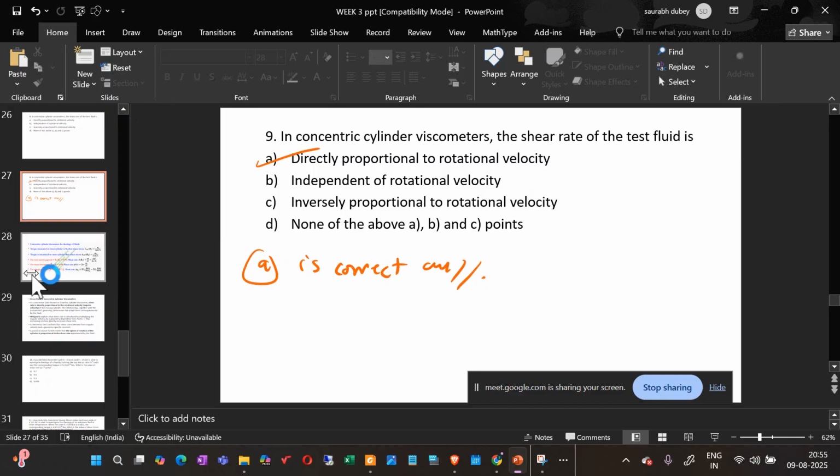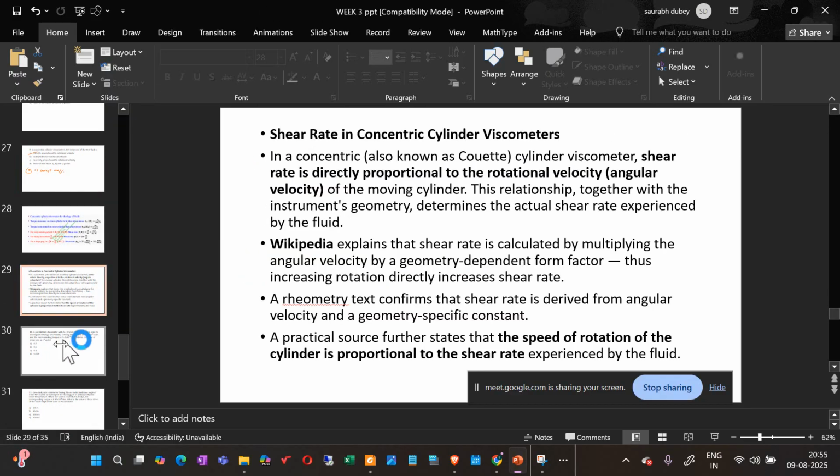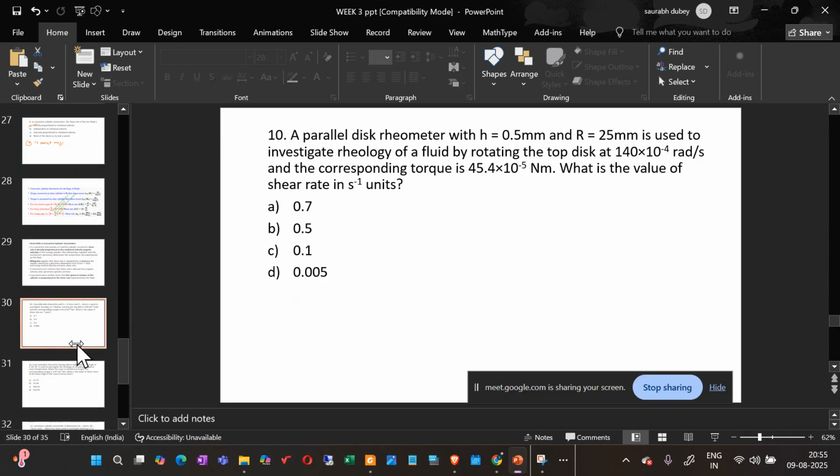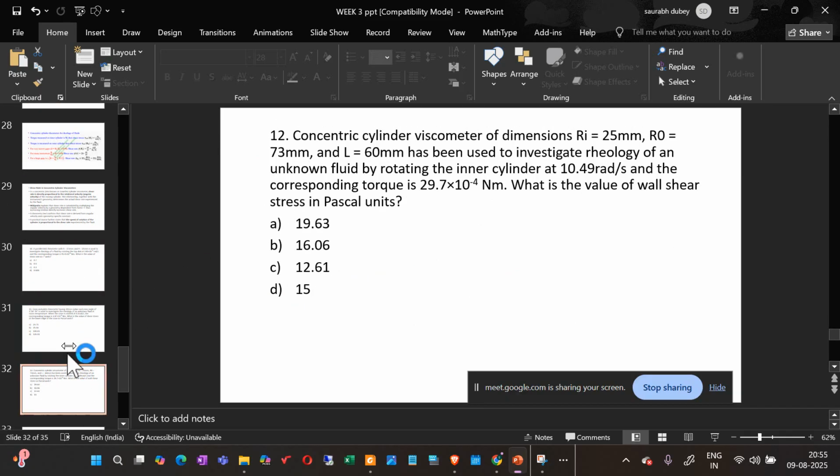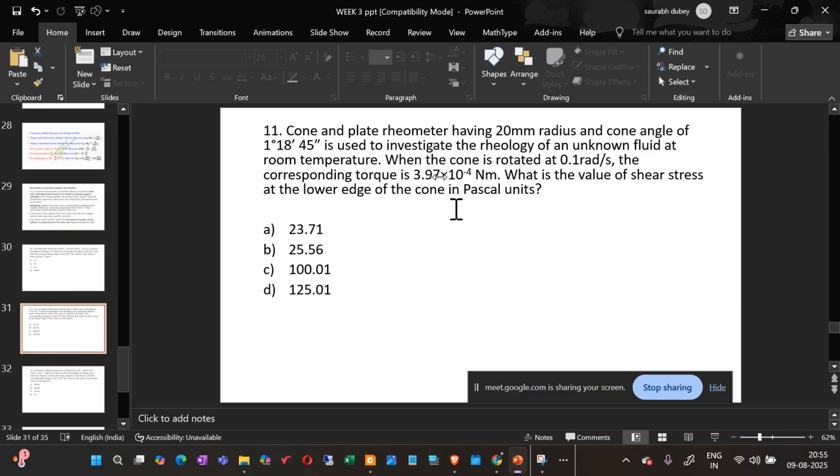So that's one thing. Coming to the next question, there are three more questions, and again I will be leaving this question for you because we have solved similar questions. A cone and plate rheometer having a 20 mm radius and a given cone angle is used to investigate the rheology of an unknown fluid at room temperature while the cone is rotating at 0.1 radian per second.